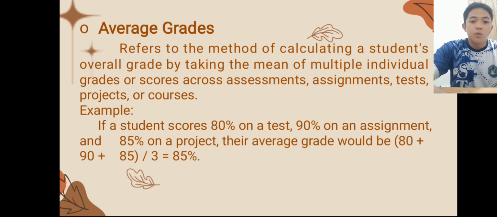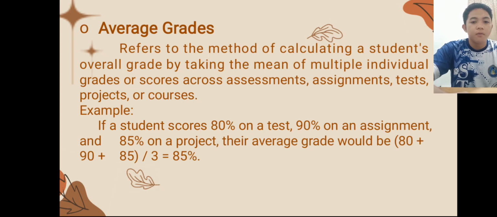It gives you a general idea of how you're doing in your classes. Teachers use it to see your overall performance and to help you understand your progress throughout the course.